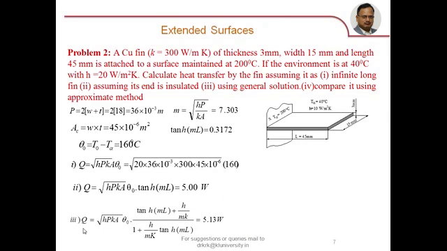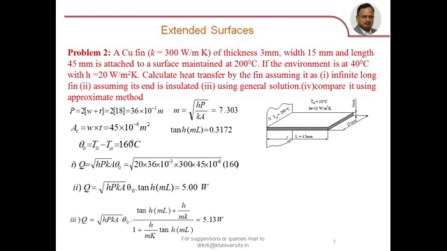If you use the general solution, Q equals square root of hPkA theta naught into (tanh(mL) plus h by mk) divided by (1 plus h by mk into tanh(mL)). That will give you the answer 5.13 watts. So in these three methods, if you see, the most accurate one is 5.